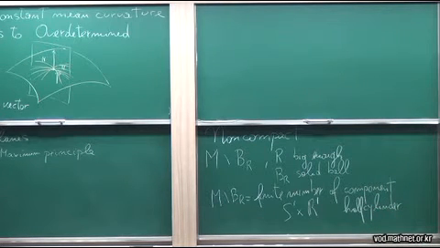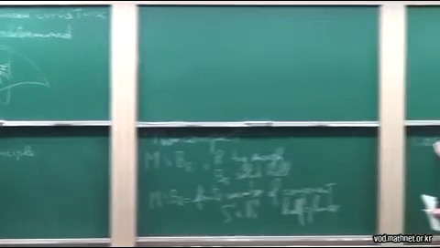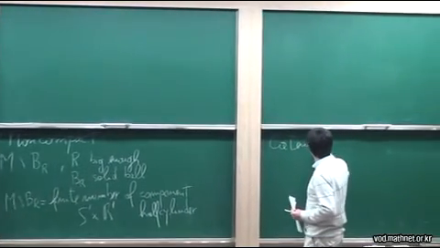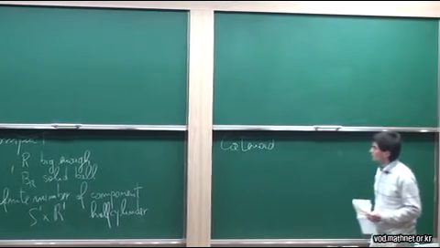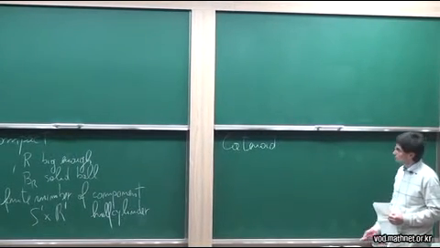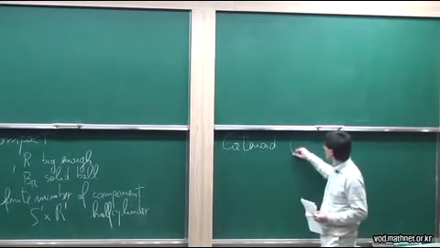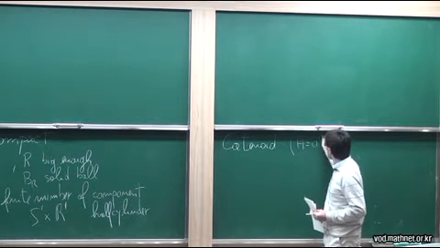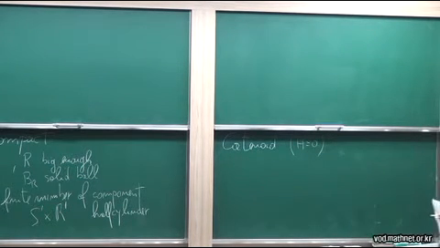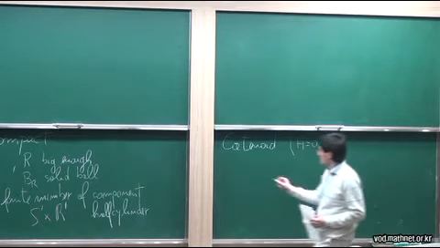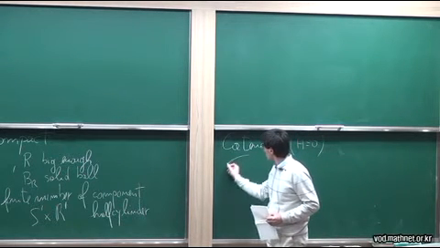A very famous example is the catenoid. The catenoid is a constant mean curvature surface with H equal to 0. So in this case we have a minimal surface which looks like this.